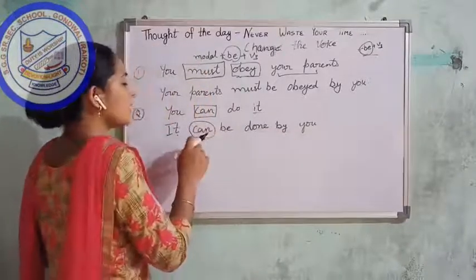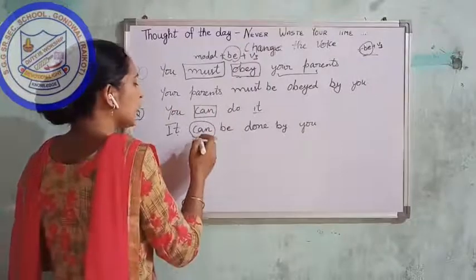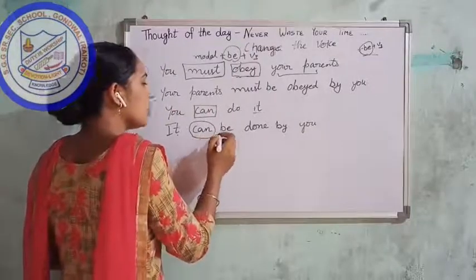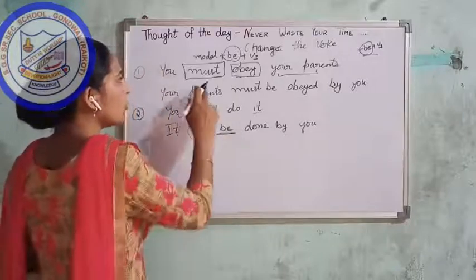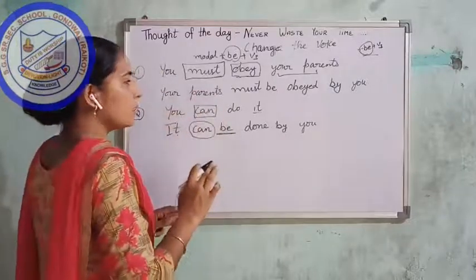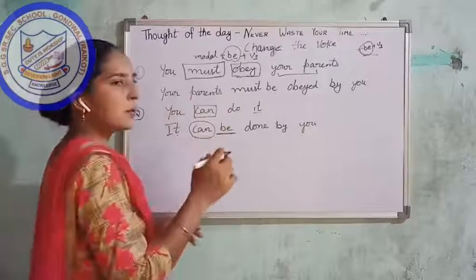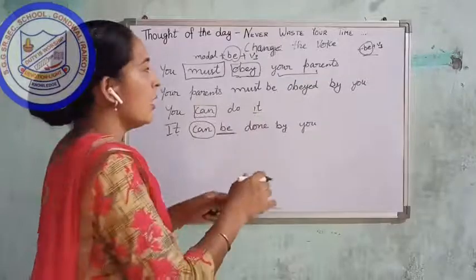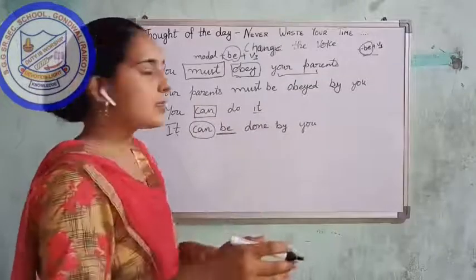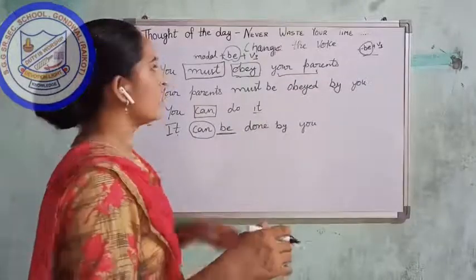It will not change into could. It will remain the same. There is only use of be. No change of can, may, might, no change of past and present. Present will not change into past in change of voice. Present will change into past in narration, not in voice.